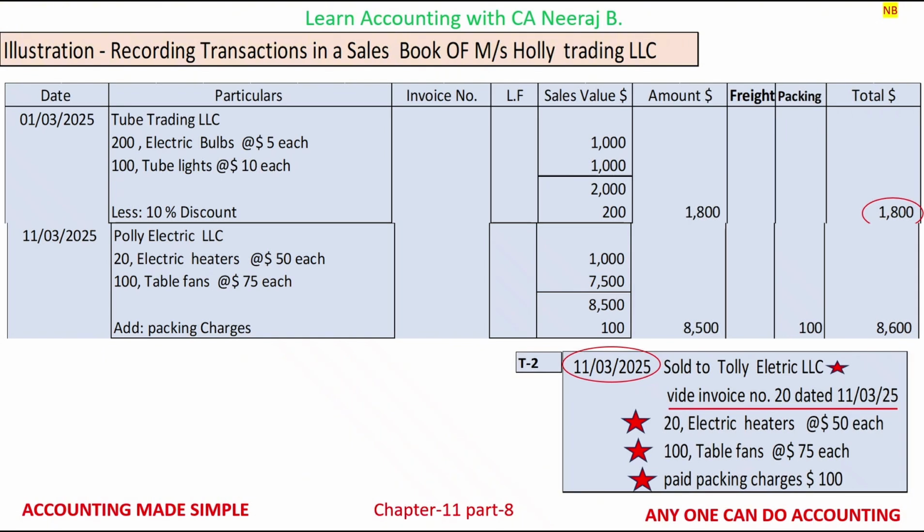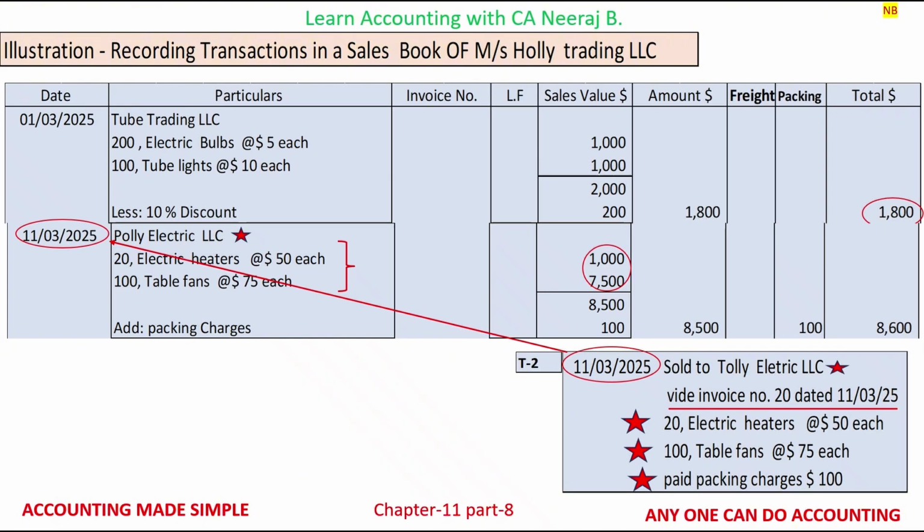The transaction will be recorded on the date of the transaction, that is 11th of March 25. The name of the customer, Poly Electric LLC, along with the description of the goods sold is written under the particulars column. The sales value of each of the items sold is written under the sales value column.